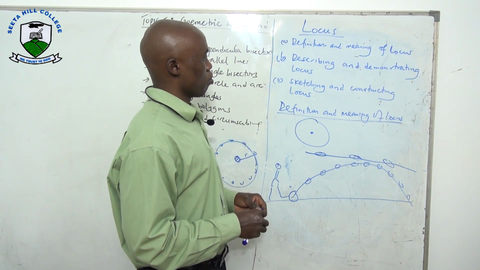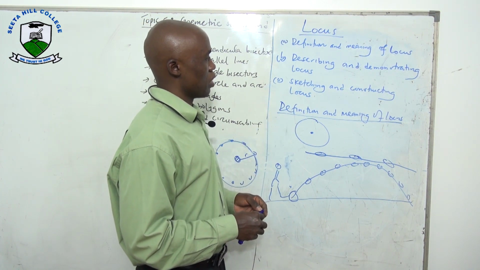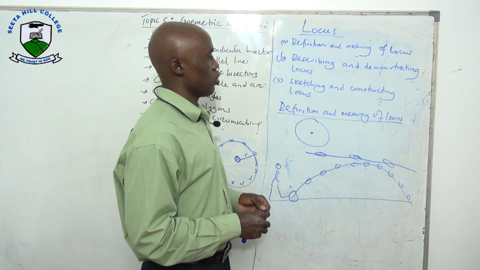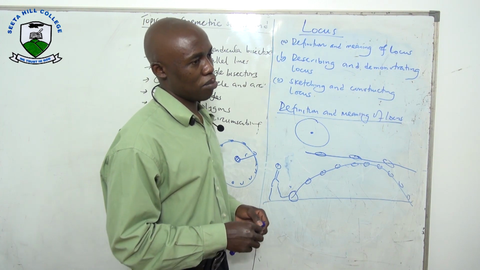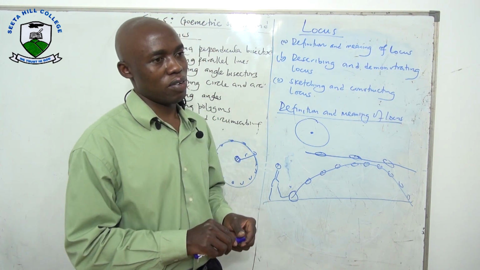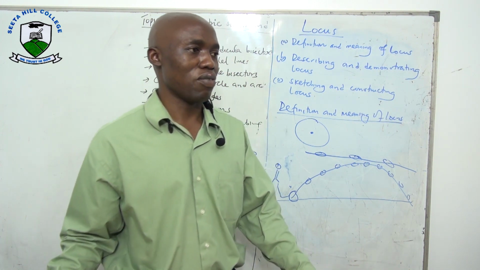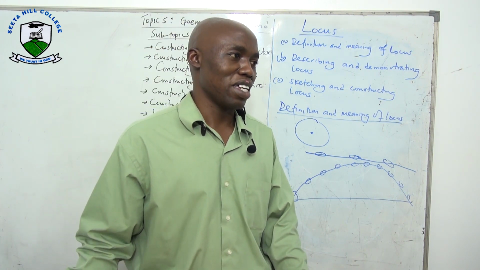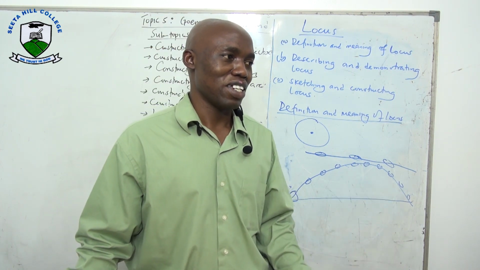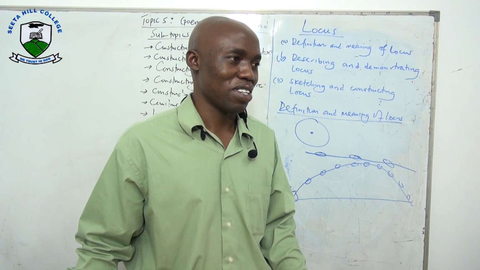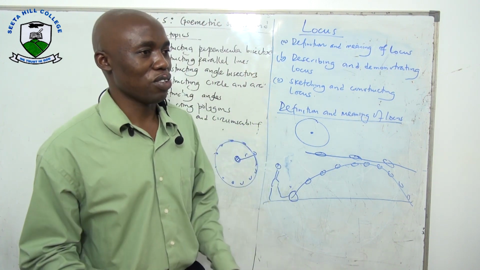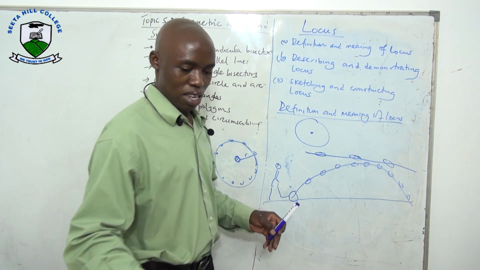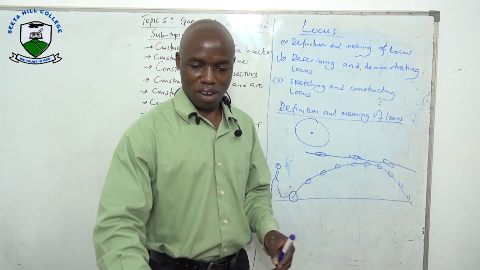Now, we want to give some scenarios where you can demonstrate a locus and even describe it. Do you have some situation? Yeah, like when you tie a goat on a tree.